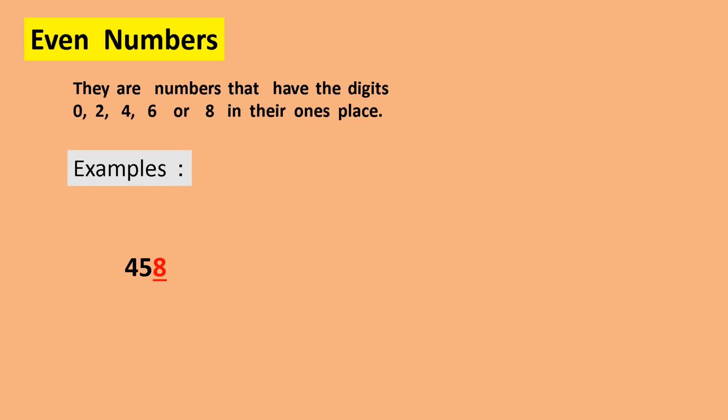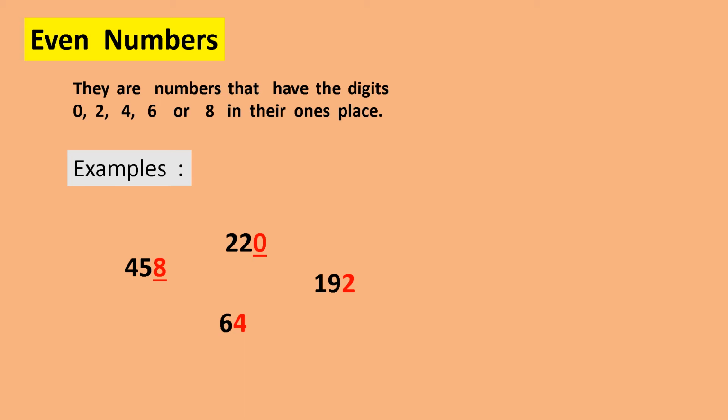So remember, if the digit in the ones place is 0, 2, 4, 6, or 8, we call them even numbers. Okay, another example, this one. The digit in the ones place is 0. It is an even number. This one, the digit in the ones place is 4. It is an even number. This one, the digit in the ones place is 2.